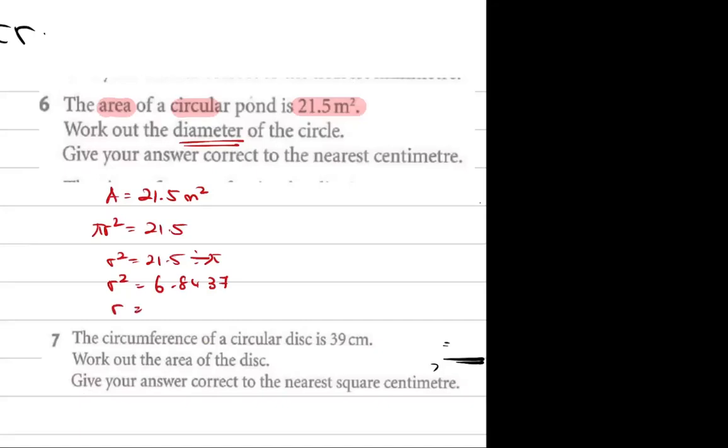R is equal to the square root of it. Diameter is equal to R times 2. Multiply this by 2. 5.23208. Nearest centimeter. Centimeters is here.